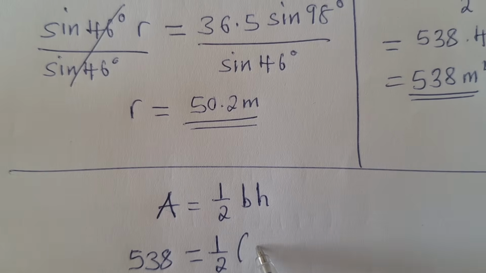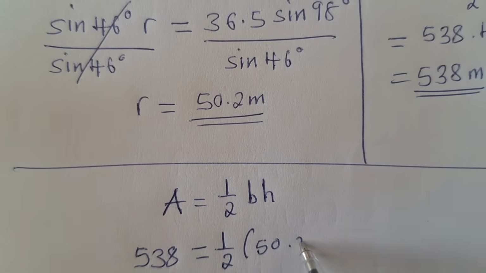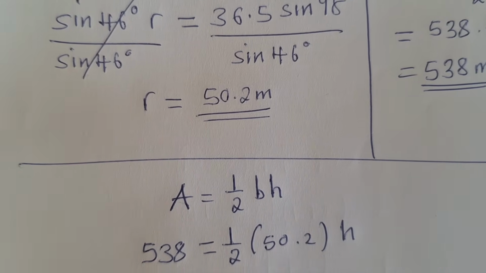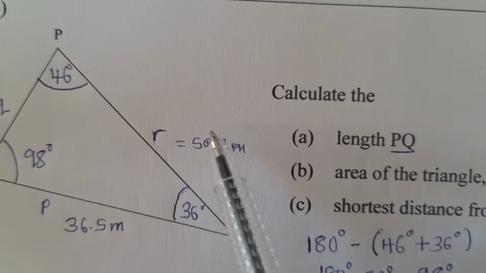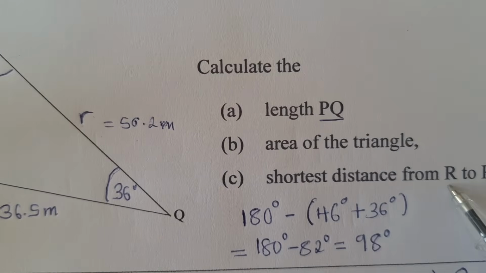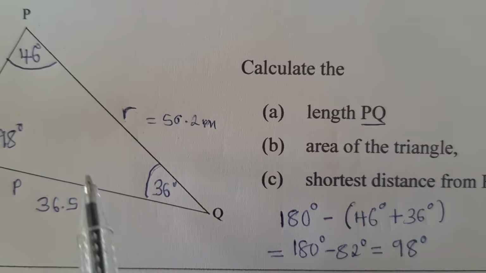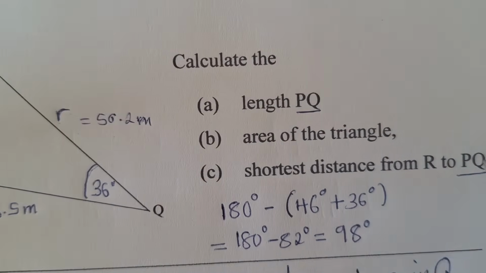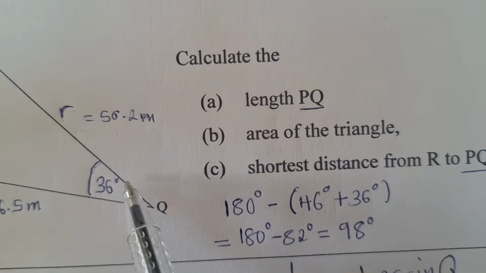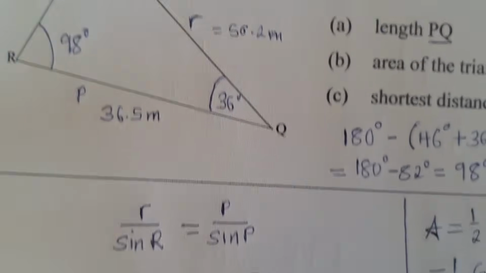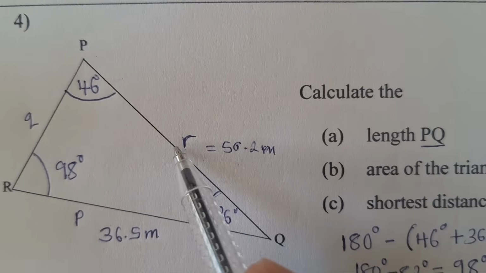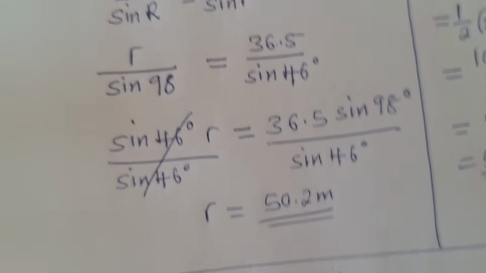For B, it will be 50.2, and then H there. Why am I saying B is 50.2? Here, in the question they said from R to PQ. So what has been mentioned, these two letters, the length PQ, is what you should put as your B, okay? Because it's coming from P all the way to Q.